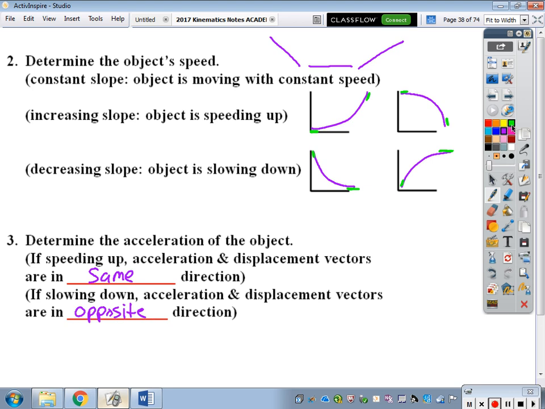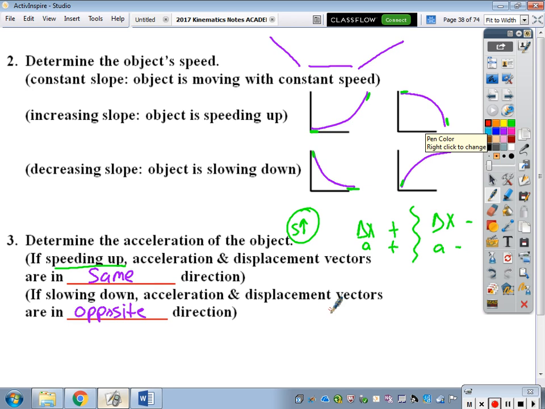If we're looking at an object that's speeding up, and you determine, let's just say, the displacement is positive for an increase in speed, then the acceleration also has to be positive. Separate from that, for the same increase in speed, if the displacement is negative, the acceleration has to be negative.